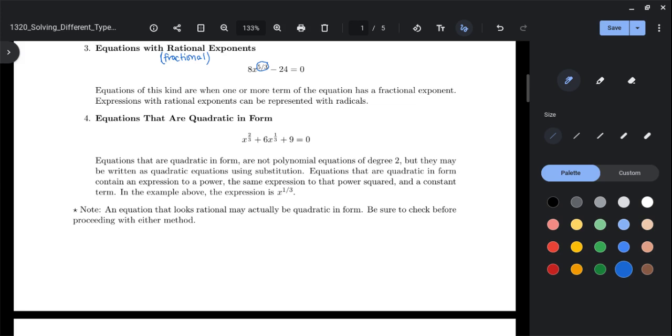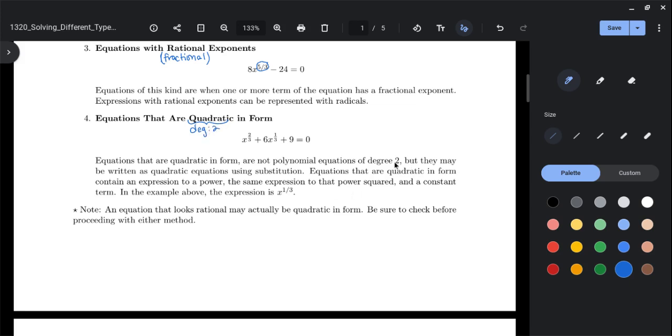Now, a quadratic, like I had mentioned with our polynomial equations, is when we have a degree 2. So let's write that down. Quadratic means that we have a degree 2 polynomial.